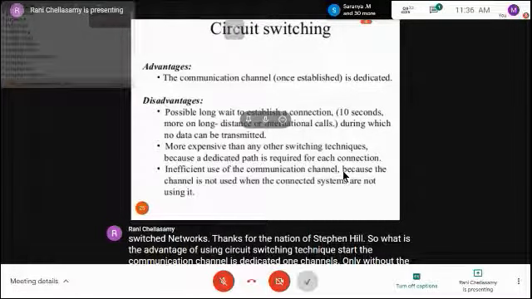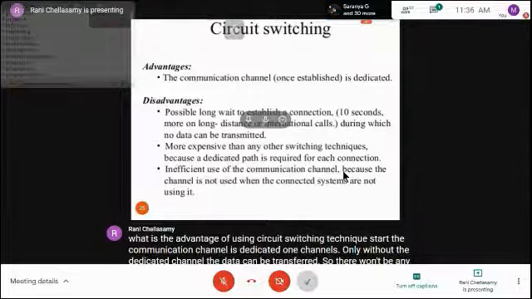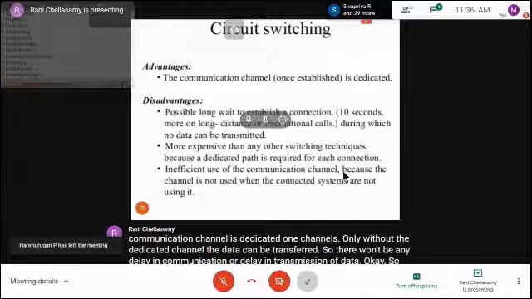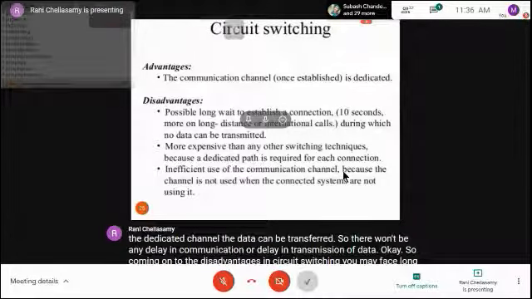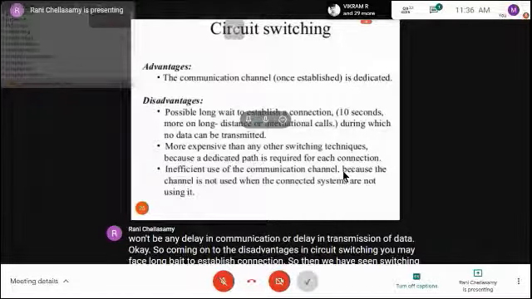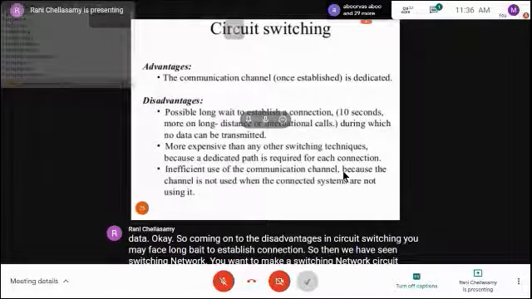Okay. So coming to the disadvantages of circuit switching, you may face a long wait to establish a connection. We have seen that to make a circuit switching network, you have to follow 3 phases: connection setup, data transfer, and connection termination.